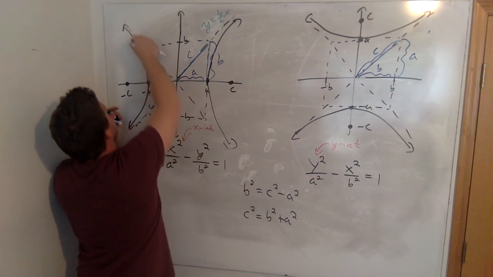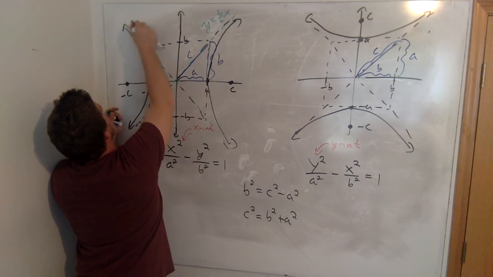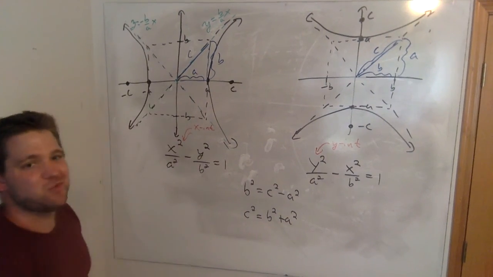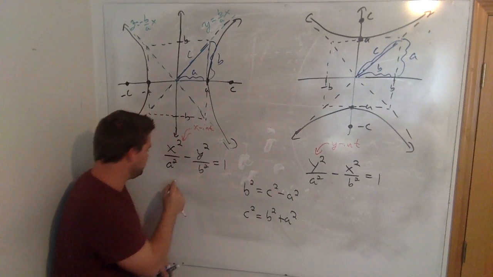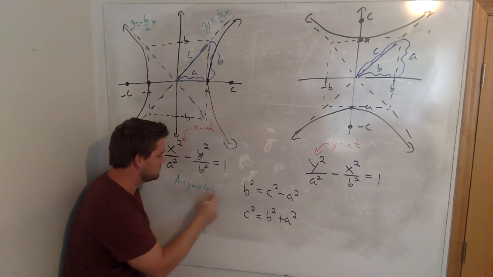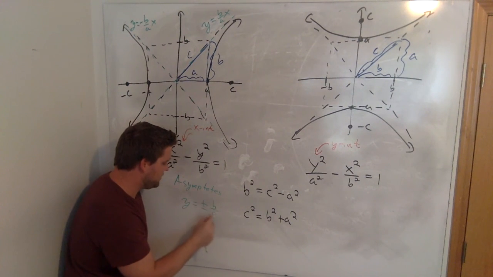So the equation of this asymptote will be y equals negative b over a x, and that's how we get this central box. So for this version, the asymptotes will be y equals plus or minus b over a x.